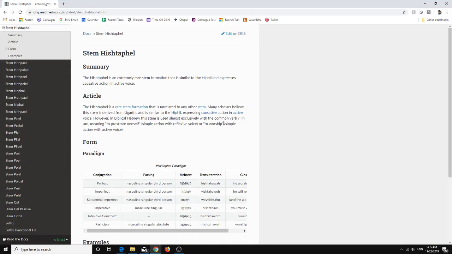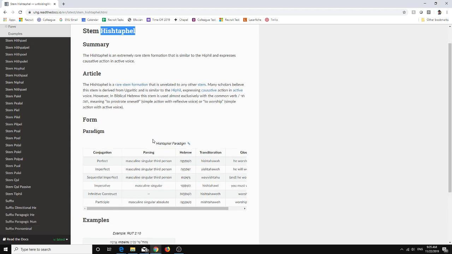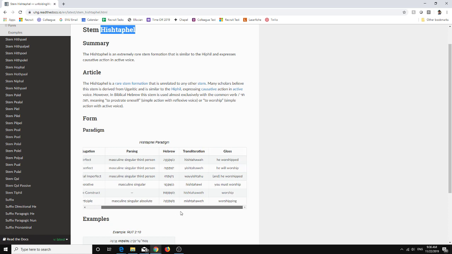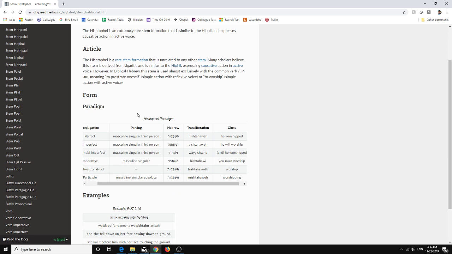That word is chet vav yod, or chet vav he, and it means to prostrate oneself, or worship, or something along those lines. And the stem that it is in is called the hishtafel. Now, I don't need you to memorize this by any means. I just wanted to give you a little familiarity with it, just so you know.